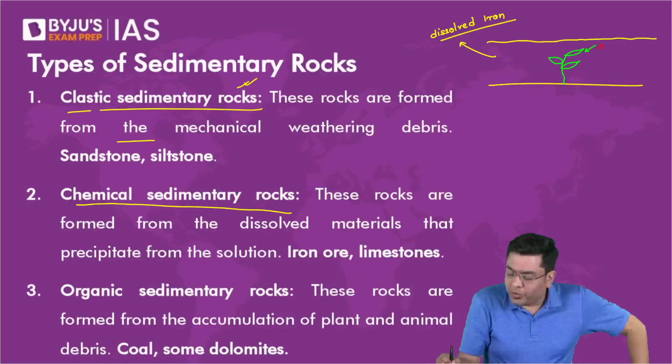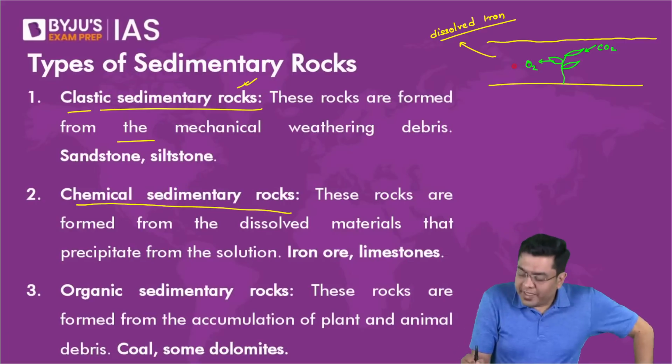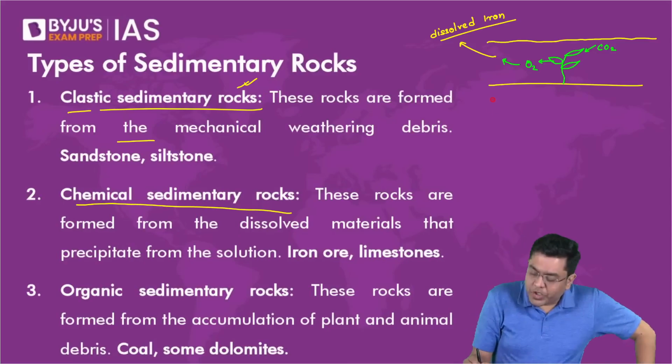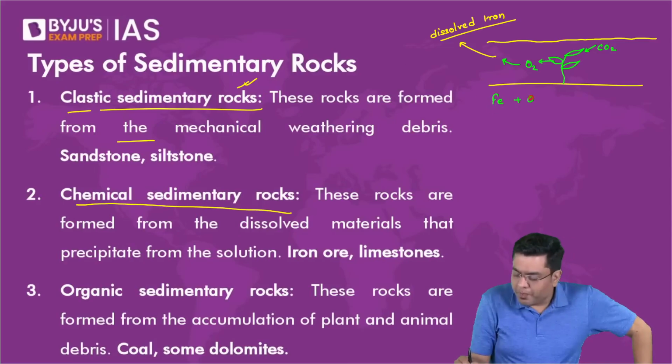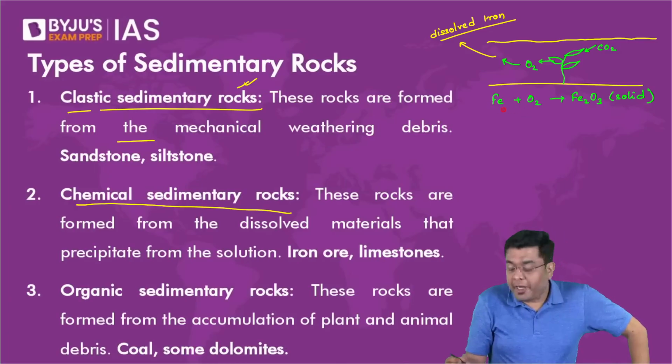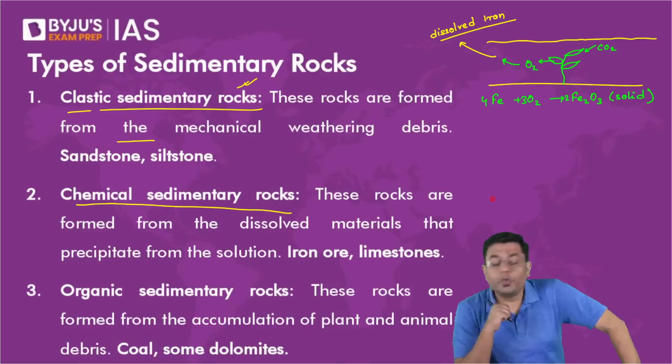So they would consume CO2 and end up producing oxygen. Now, this oxygen would combine with the dissolved iron. So you had a reaction: Fe plus O2 would give Fe2O3, which would be solid. Oxygen would be in gaseous state, iron would be in dissolved state, but Fe plus O2 would give you Fe2O3. That is how you had the creation of iron deposits.